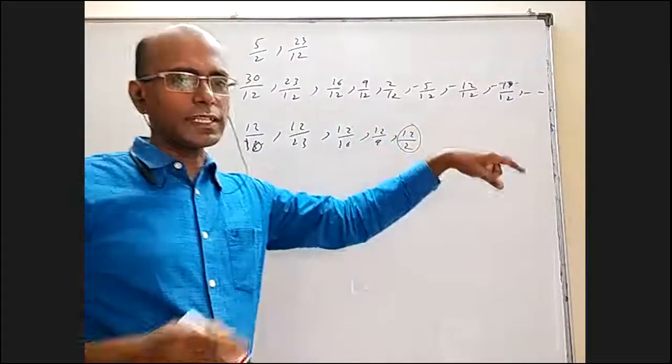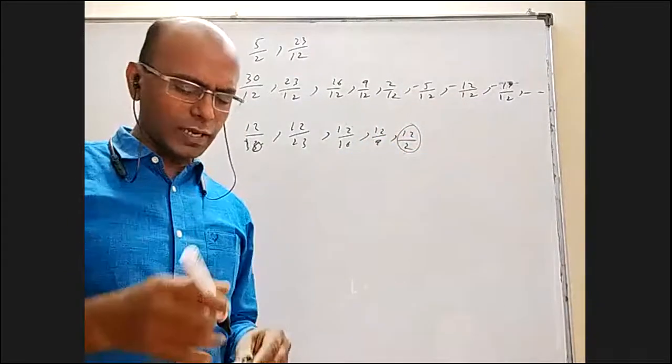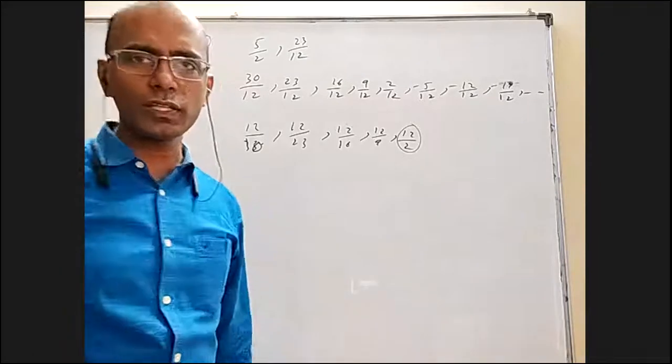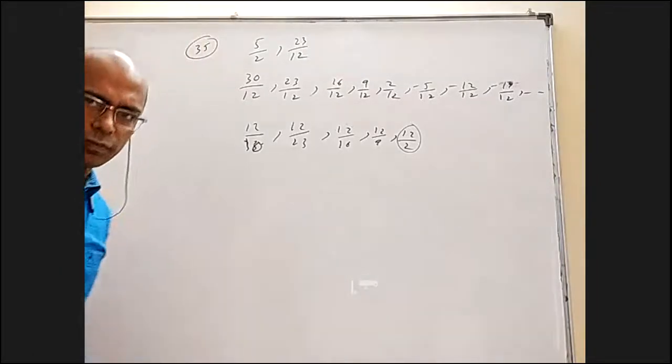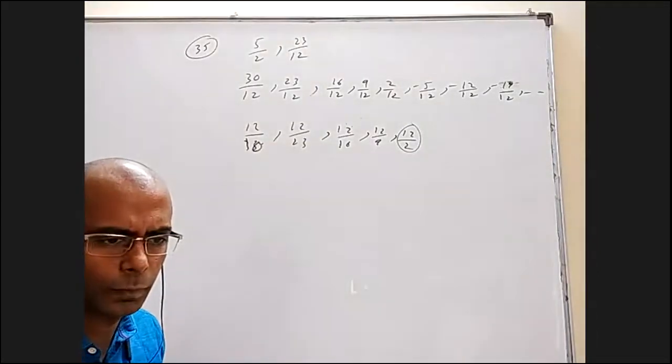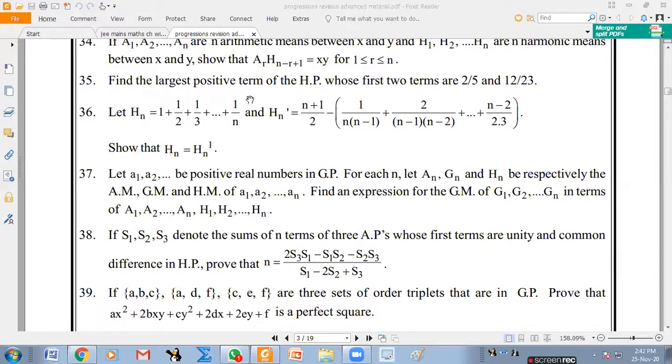Other terms cannot be highest because they're all negative. They ask the highest positive term maybe. They can also ask what is the highest term itself. The largest positive term. They can simply ask what is the largest term. So directly 12 by 2 will be the largest term, which is 6, because after that the terms are negative, and before that they are less than that.